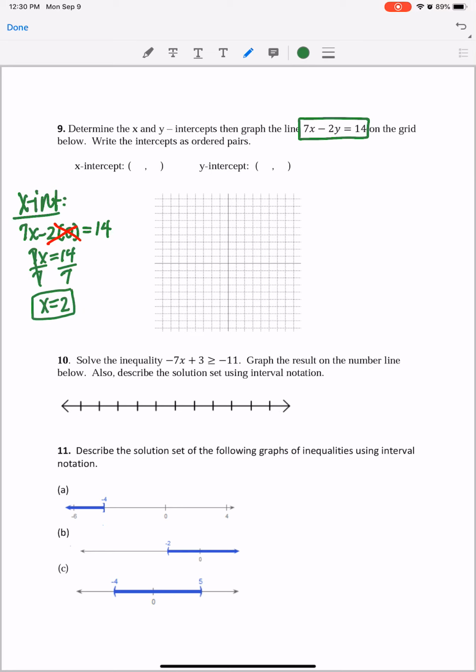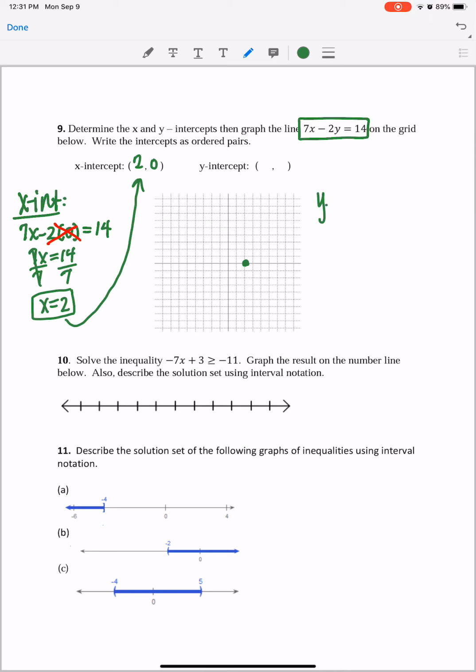Now because I want this as an ordered pair, my x is 2. And what did I put in for y? I put in 0. And so we can plot that. Along my x-axis, we're going to go along 1, 2. And so here's my point.